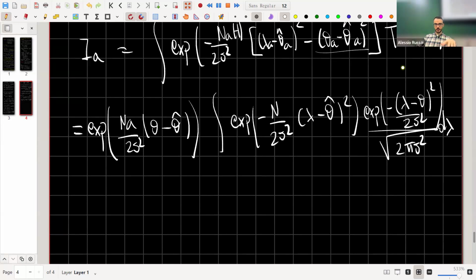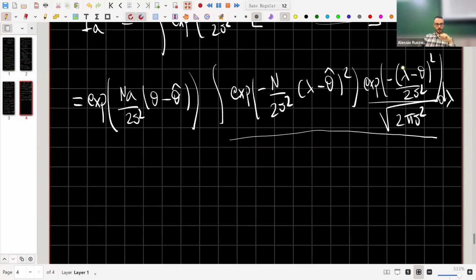So the next step is computing this monster here and trying to simplify it and understand what we can do. What's really important for us is understanding what this quantity here is.